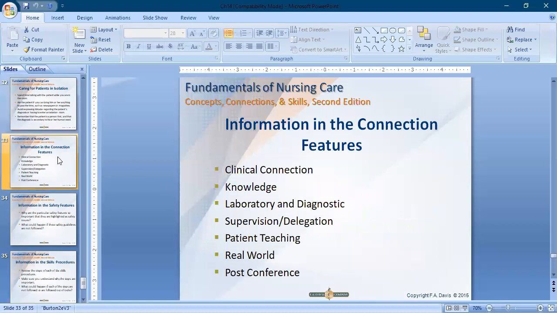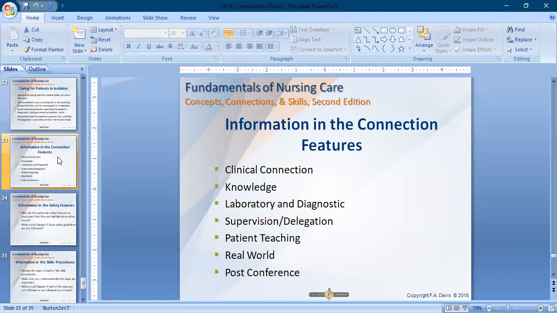Now go for some basic talk about the system. So information in connecting feature. As an RN, when we work, we have to take the patient history. When you take the patient's signs and symptoms, good history taking can help you diagnose the patient.